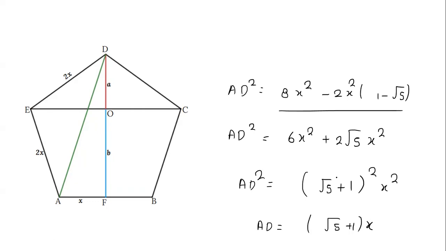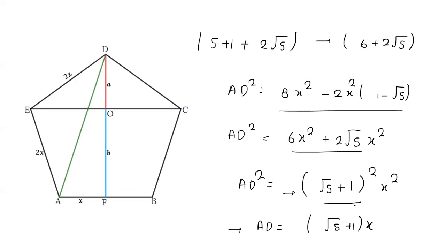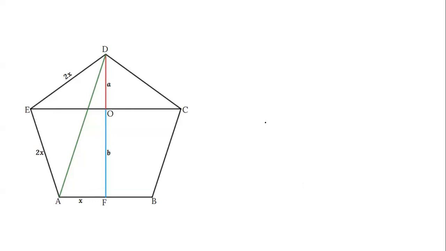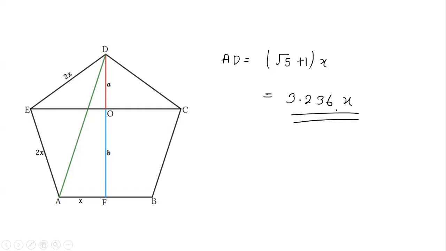Because if you open this, it will come like 5 plus 1 plus 2 root 5, which is simply 6 plus 2 root 5. So I write just this one and then I take the square root. So now we know the AD value is root of 5 plus 1 times x. You can put the value of root 5 and it will come like 3.236 times x. So this is the value of AD.